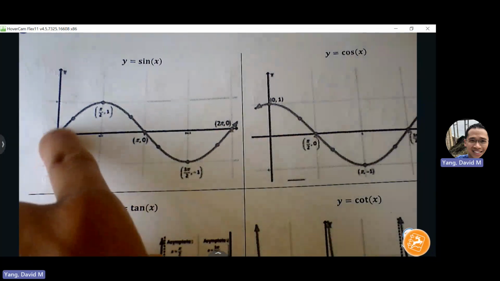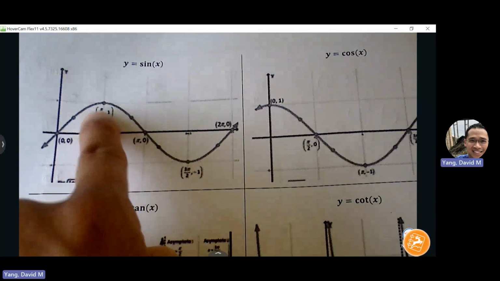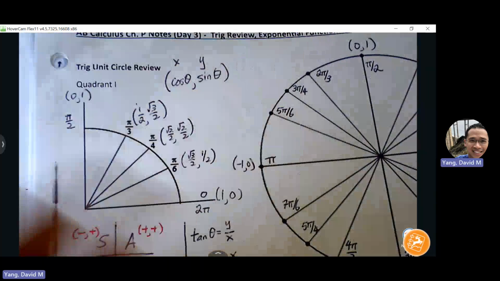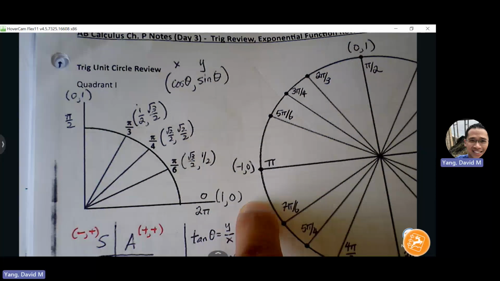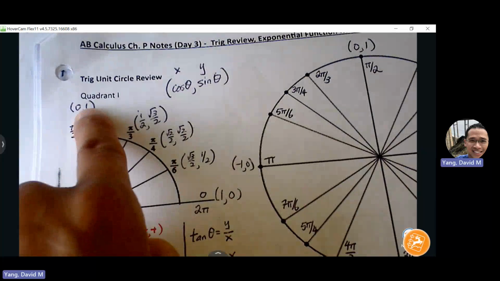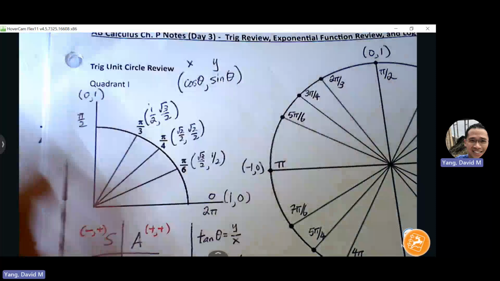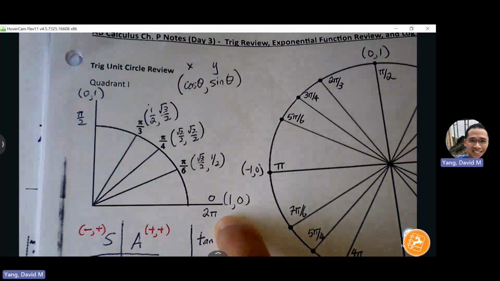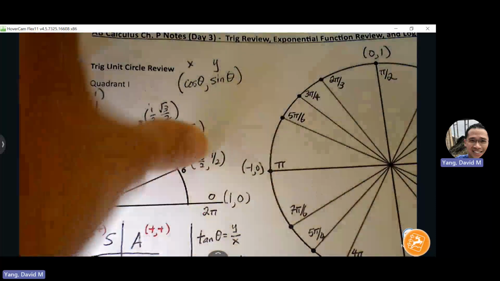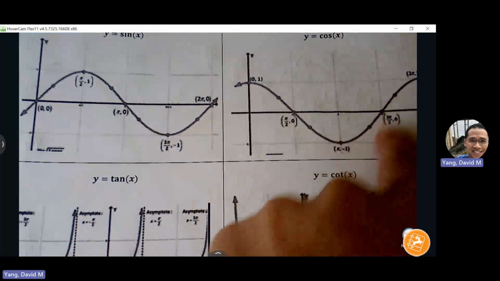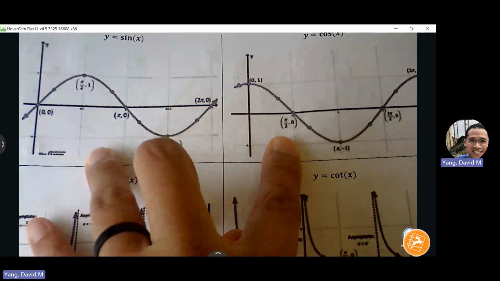Sine starts at 0, and if you look at the y values of your unit circle, you can plot those points pretty quickly. Cosine is the x value, so it starts at 1, then goes to 0, then to -1, then goes to 0 and back up to 1 again. So your unit circle can help you create the shape of your sine and cosine.